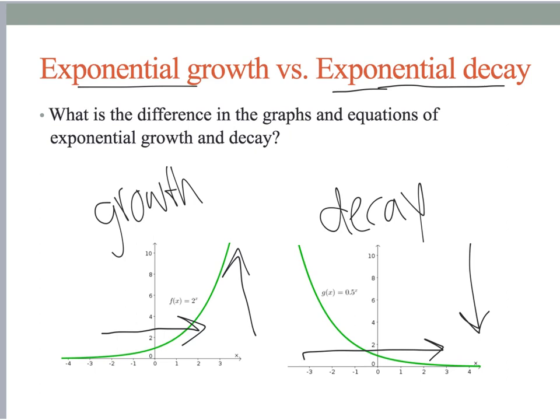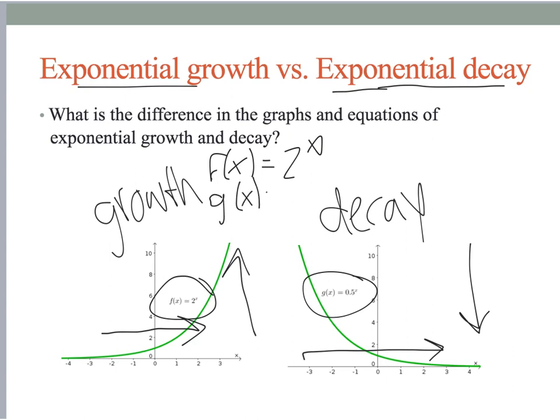Now, what you need to know is, if you look at my two functions here, this is f of x equals 2 to the x, and g of x equals 0.5. I'm going to write it as 1/2 to the x.